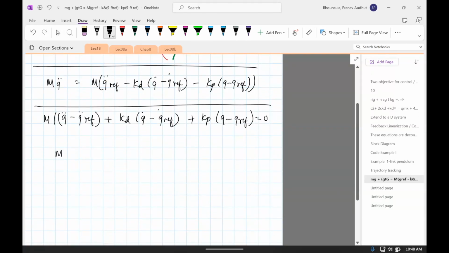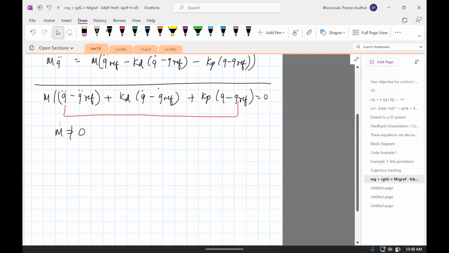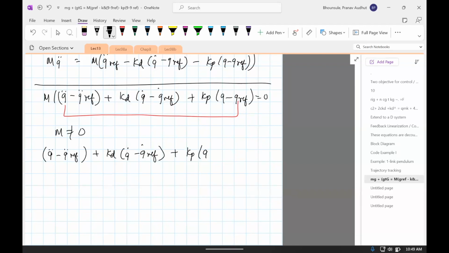Since m is not equal to 0, the other term should be 0. So (q double dot minus q double dot ref) plus kd (q dot minus q dot ref) plus kp (q minus q ref) is 0.